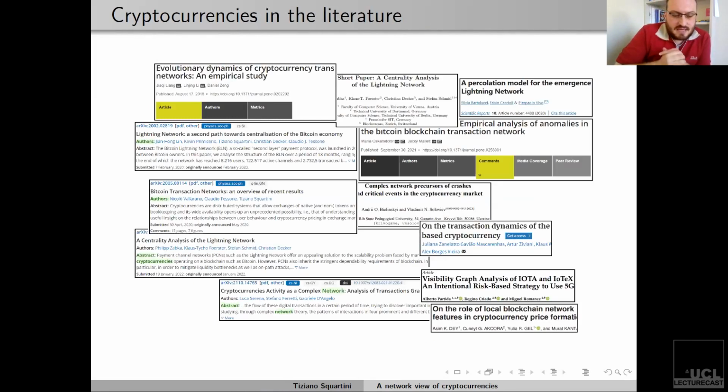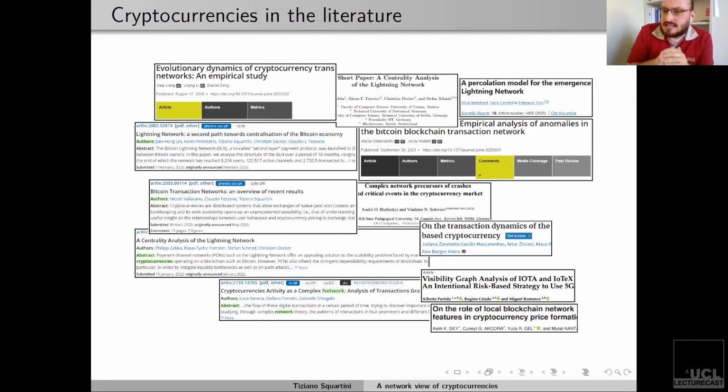Recently, there has been a huge wealth of literature about this approach, trying to combine the results that come from a purely structural analysis of these networks induced by cryptocurrency data, together with the economic perspective.